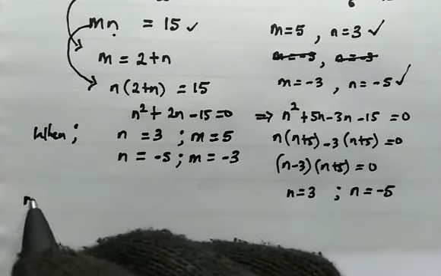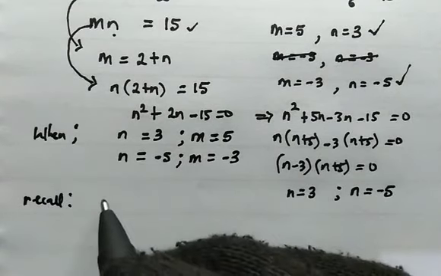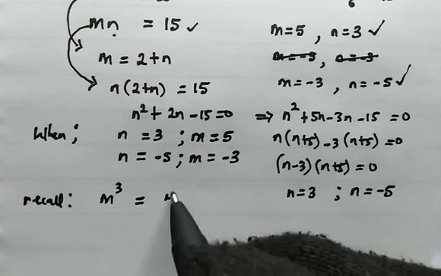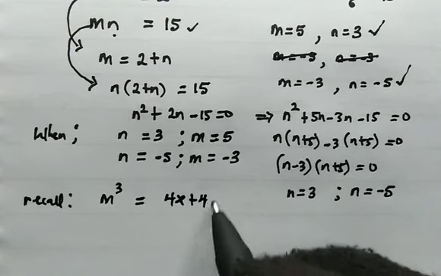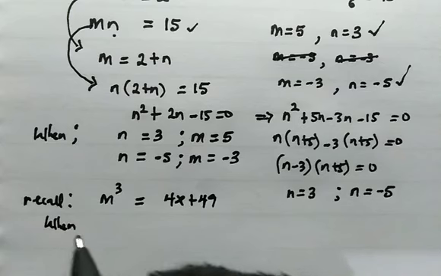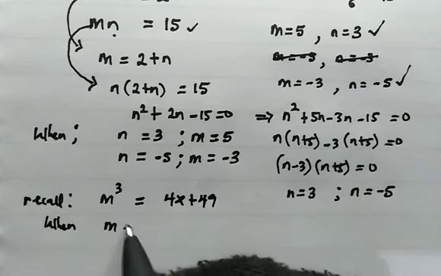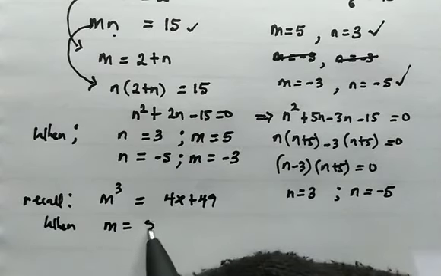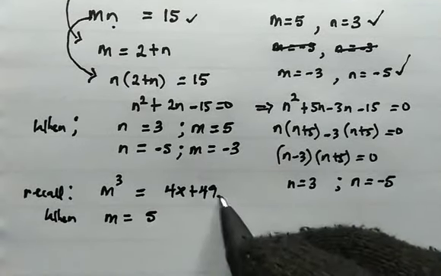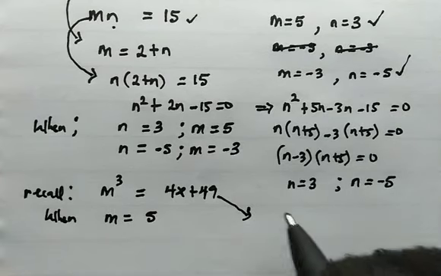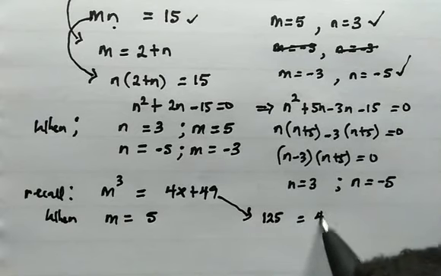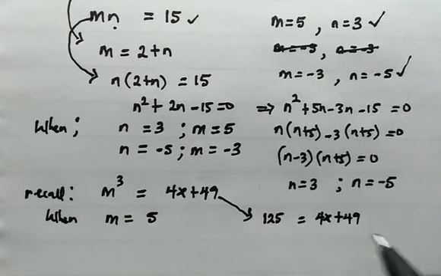Now, let us recall that m cubed is equal to 4x plus 49, right? Now, when m is equal to 5, then from here, we get m cubed, which is 5 cubed, which is 125, and this is equal to 4x plus 49, right?